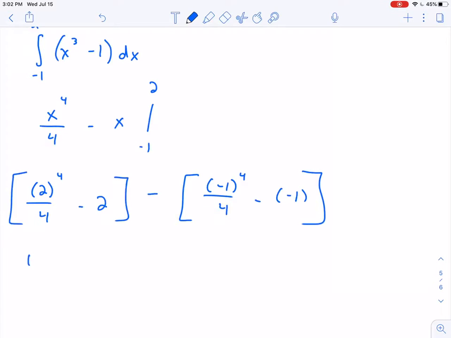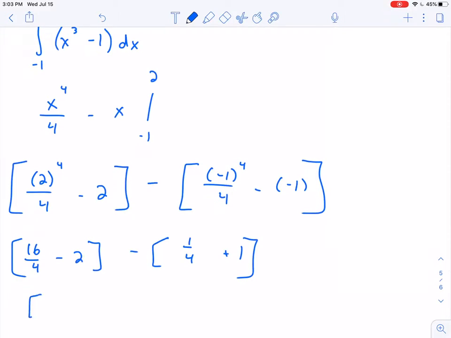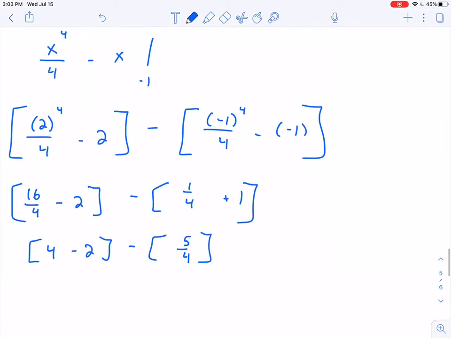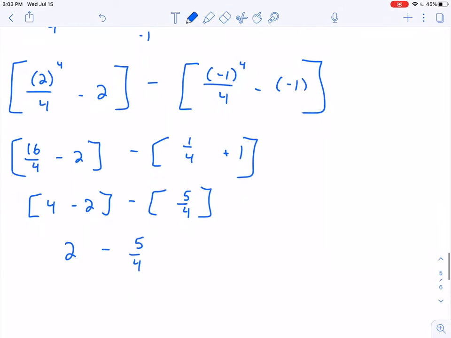That should be 16 over 4 minus 2. Minus over here, negative 1 to the 4th, that's going to be 1 over 4 plus 1. So let's see, 16 over 4, I've got 4 minus 2 here. Minus 1/4 plus 1, that should be 5/4. 4 minus 2, I've got 2 minus 5/4. 2, of course, that's the same as 8 over 4 minus 5 over 4 should give me 3 over 4.